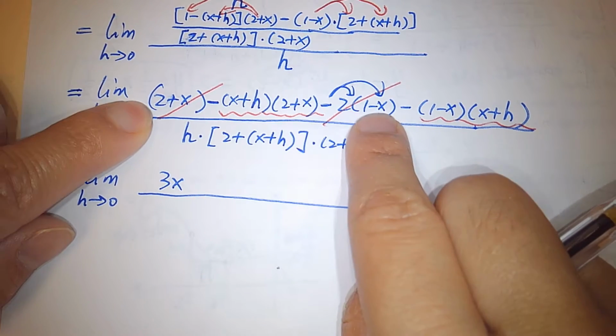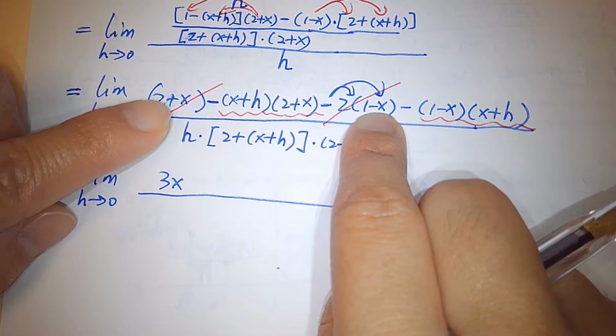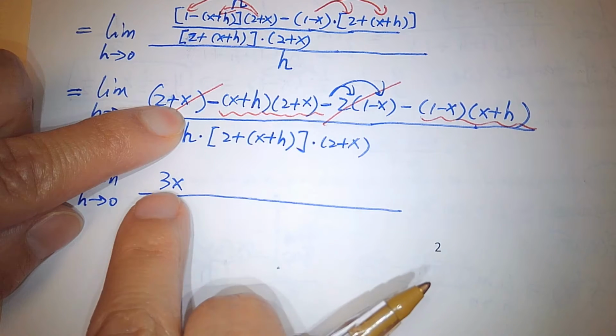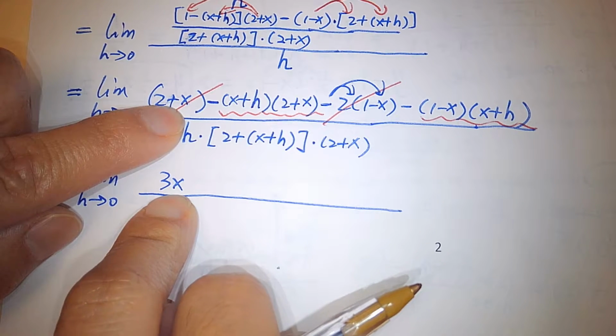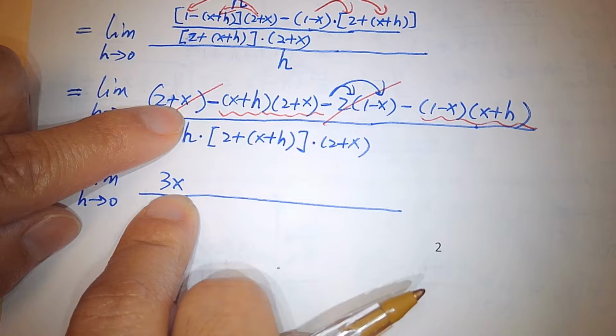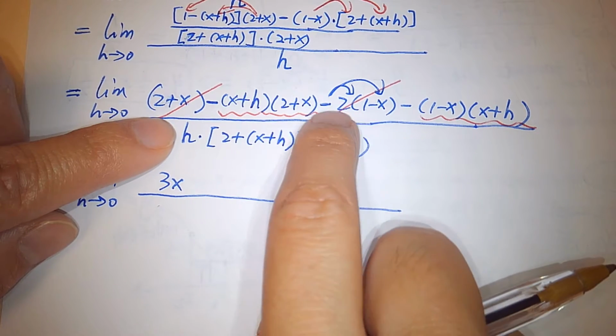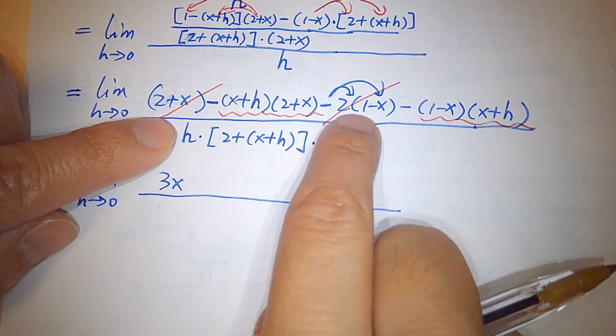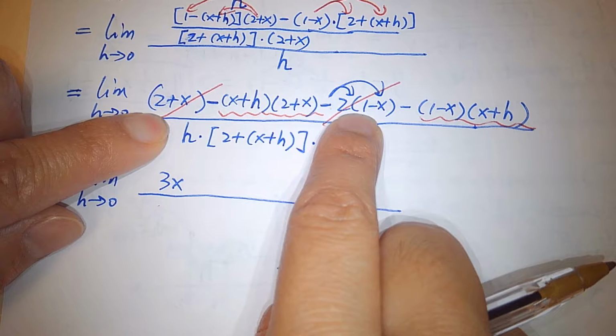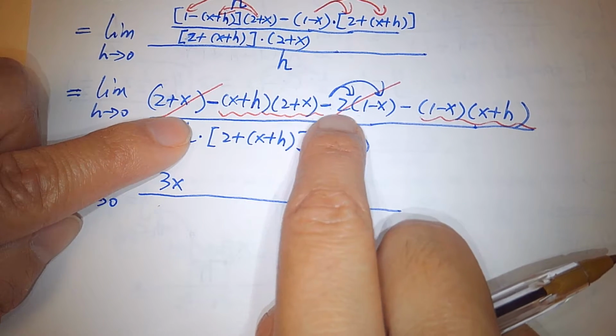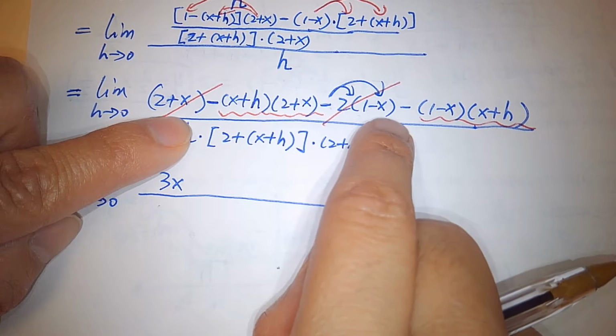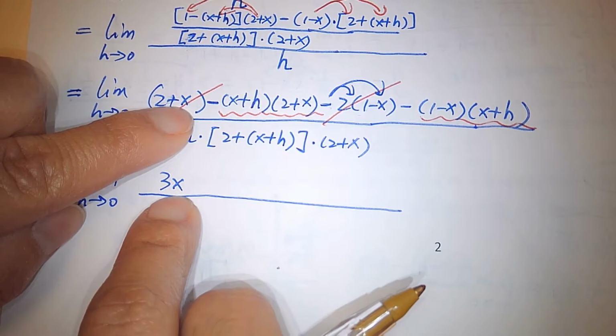After we combining these two, we'll only have a positive 3x left. Do everybody see that? I'm skipping some step. Negative 2 times 1, negative 2, positive 2, gone. Negative 2 times negative x give us positive 2x plus x, 3x.